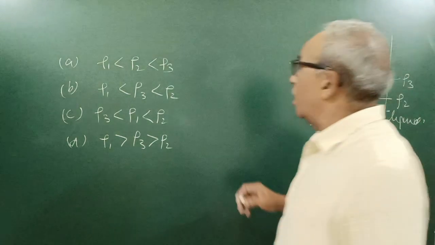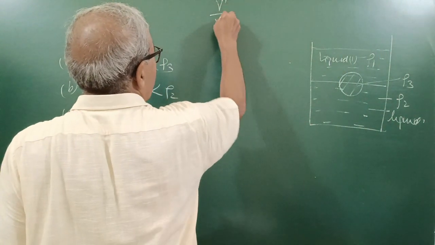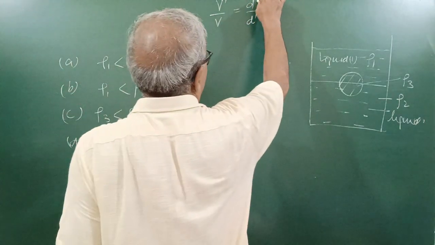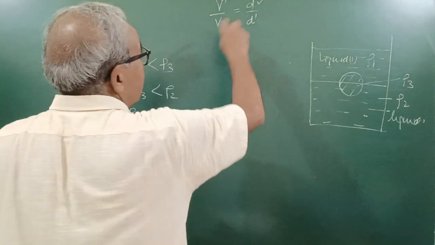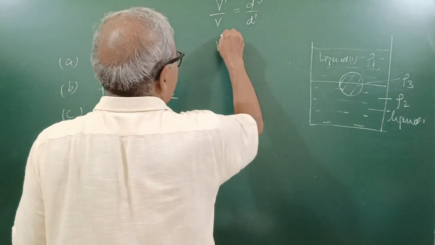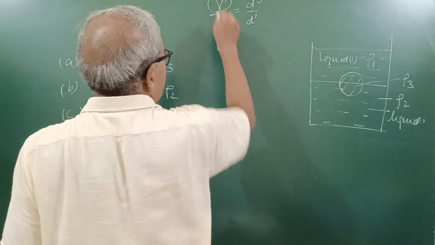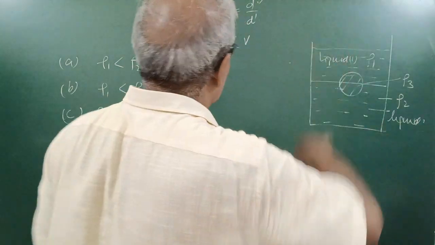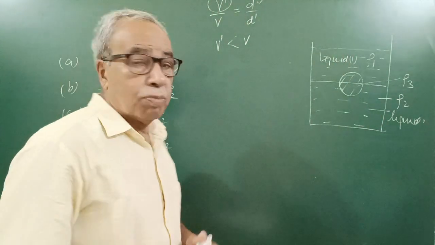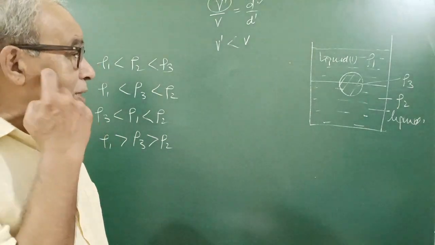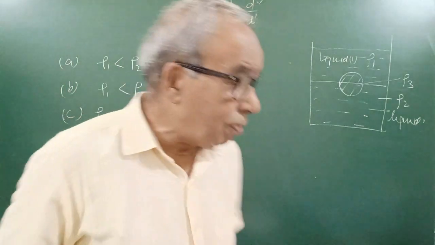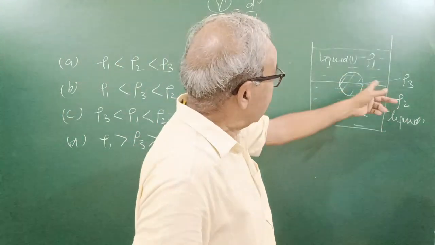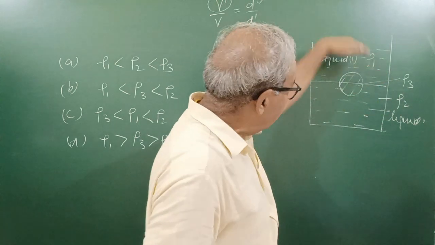When a body floats, V dash upon V equals D upon D dash, density of solid body over density of liquid. If this density is less than this, then V dash, the volume inside, is less than V. And if D equals D dash, the body floats completely submerged. So the fundamental is: a body will float only in a liquid if its density is less than the density of the liquid. Here rho 1 is lighter, less than rho 3, that's why it is completely submerged.